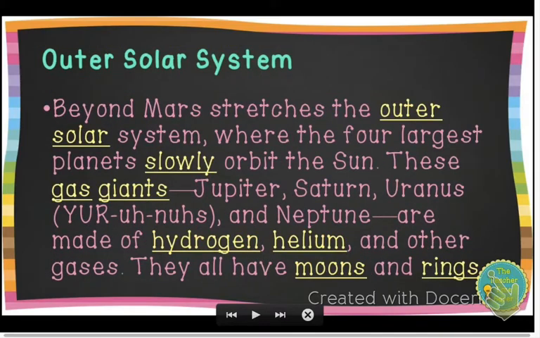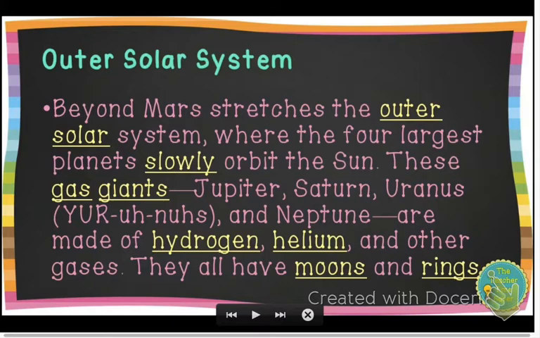The outer solar system. So what you need to know, some background information for you, is that there's the Sun, and then there are 4 rocky planets. They are Mercury, Venus, Earth, and Mars. And then we get to the outer solar system, which is what you are studying.